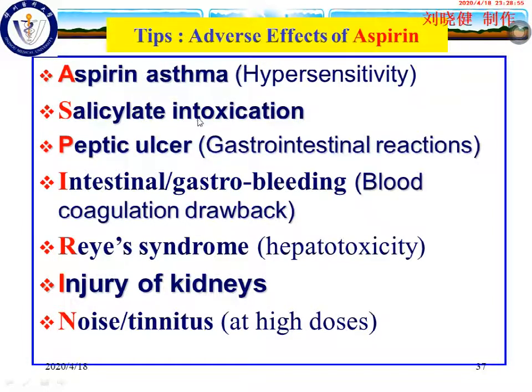And the salicylate intoxication. It is usually caused by overdose of aspirin, exceeding 5 grams in a day. And peptic ulcer. It means gastrointestinal reactions. Intestinal and gastric bleeding is caused by antiplatelet effect, antithrombotic action. This is a blood coagulation drawback.